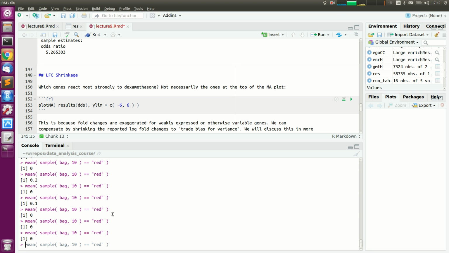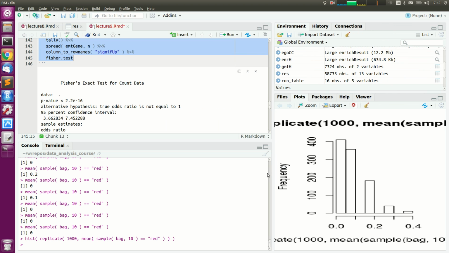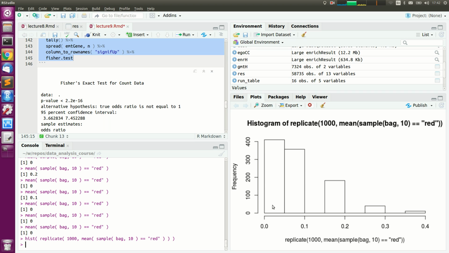If I now replicate this 1,000 times and draw a histogram of this, then you now see what we get. We get a lot of different opinions. There are people who say it's 0, 1, 2, and so on.